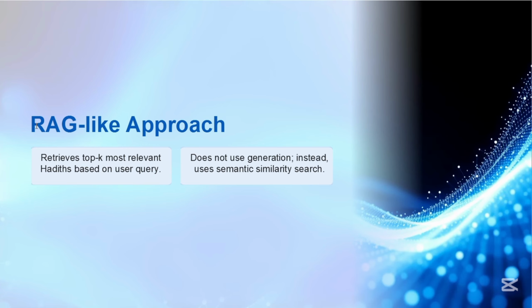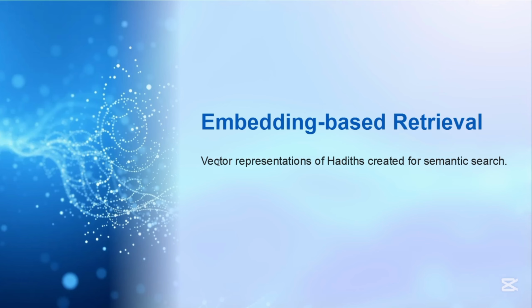So here we will retrieve the most relevant ahadith based on the user query, and here we will use the semantic similarity search approach because we can't allow Gen AI to change or alter even a single word from this data. In a further step, we will convert the whole clean dataset into a vector representation for the semantic search.